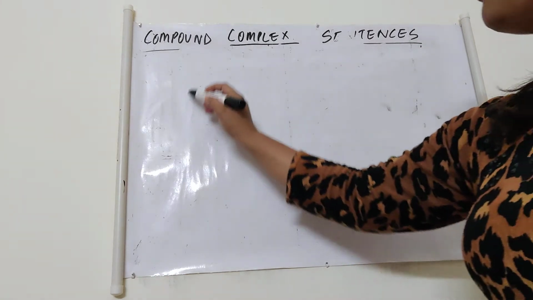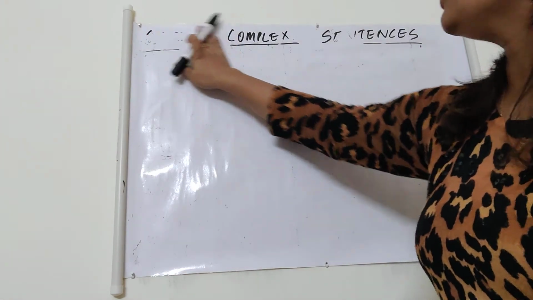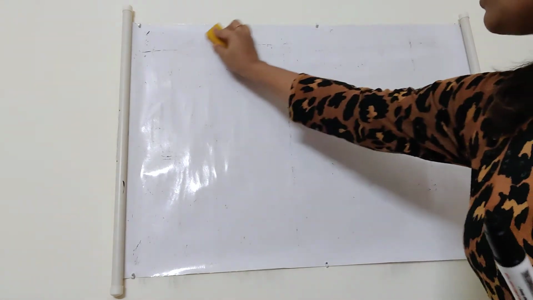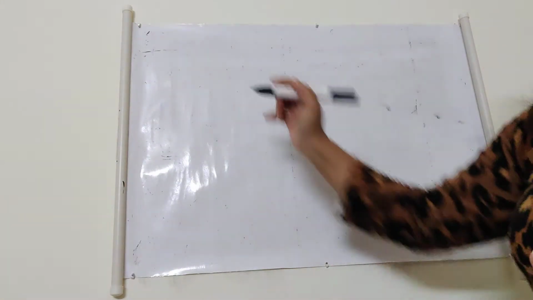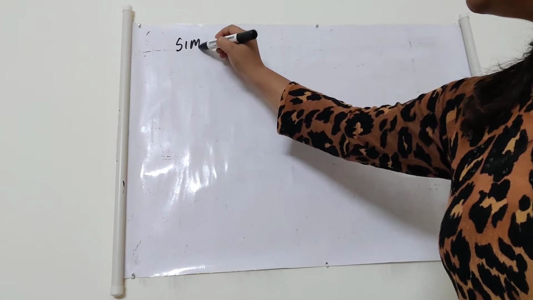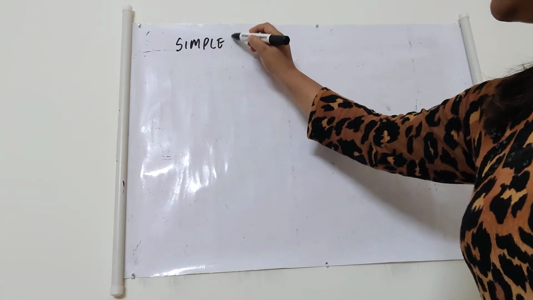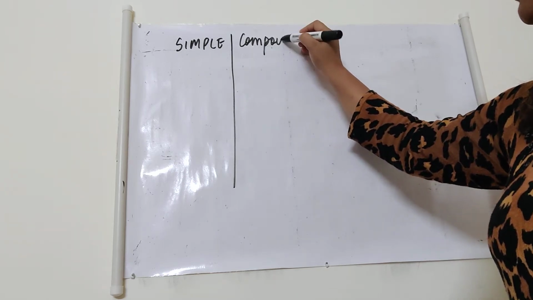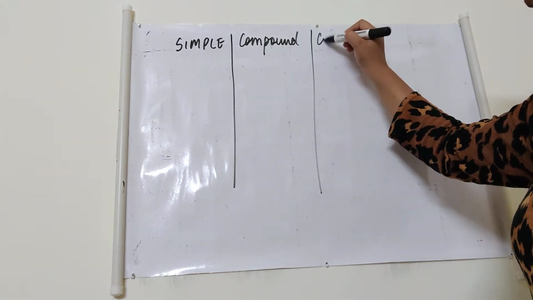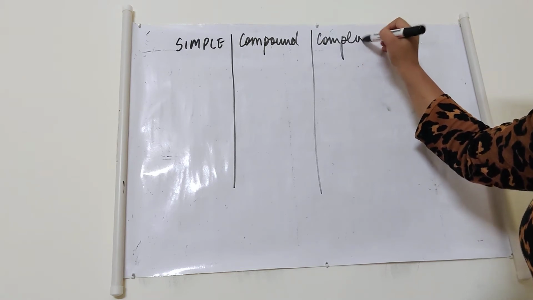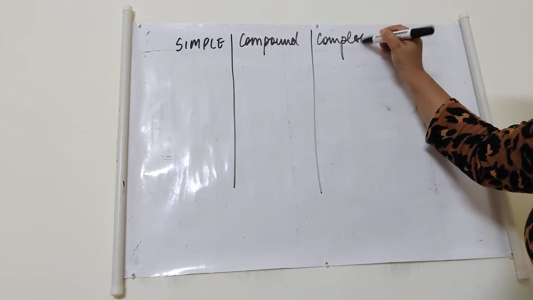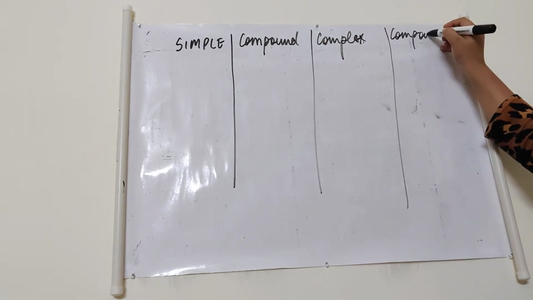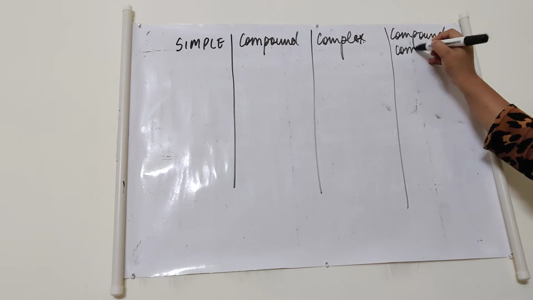So if we talk about simple sentences, then compound, then complex, and compound complex.